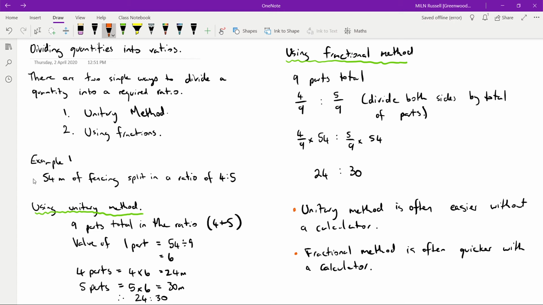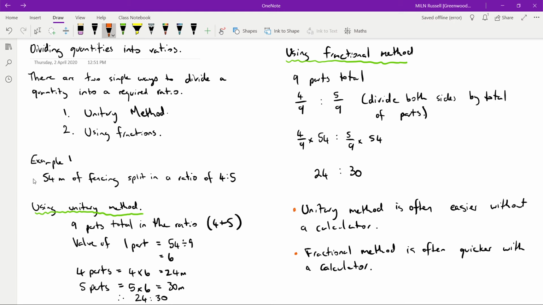So if we need 4 parts, multiply that by 4. If we need 5 parts, multiply that by 5. And in that case, it would give 24 and 30. So if we were to split 54 into a ratio of 4:5, the resulting ratio would be 24 meters and 30 meters, or 24:30.